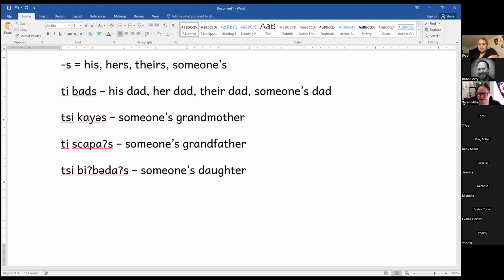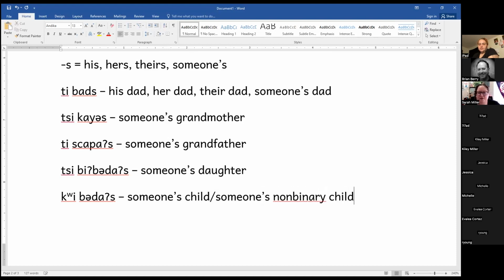So let's do an example with that then. So we're going to do qui badas, someone's child. You could also say someone's non-binary child. Qui beat badats.